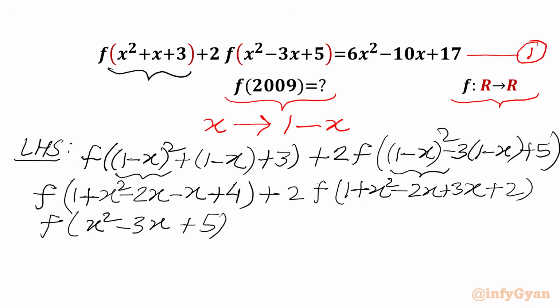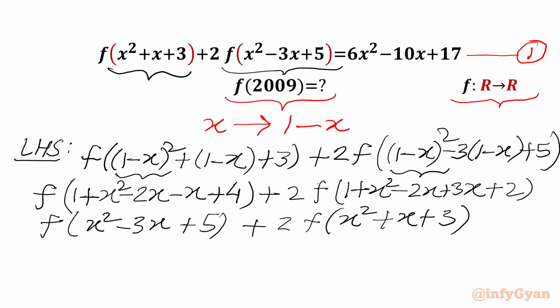So we are getting this bracket over here plus 2 times f of x square minus 2x plus 3x plus x, 1 plus 2 is 3. Now we have this bracket x square plus x plus 3 from equation 1.